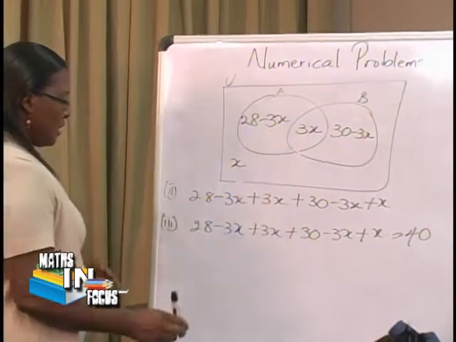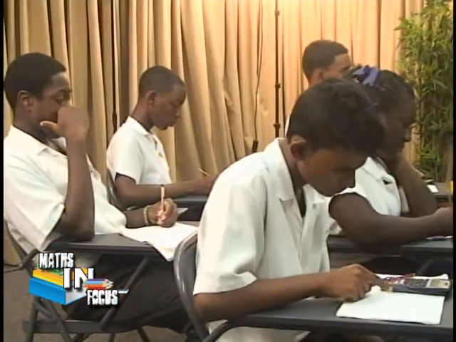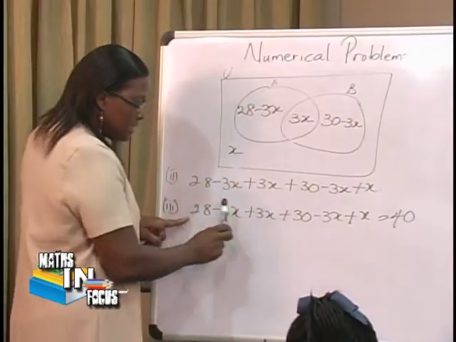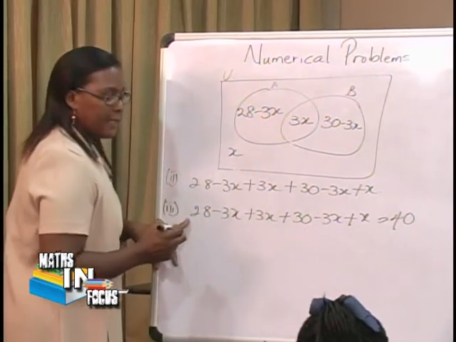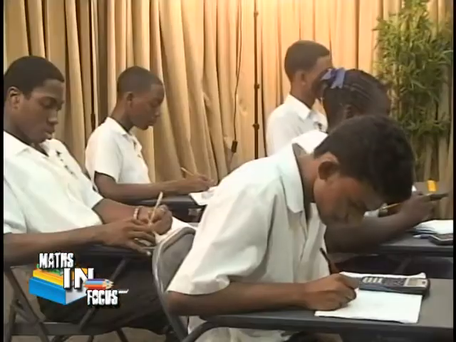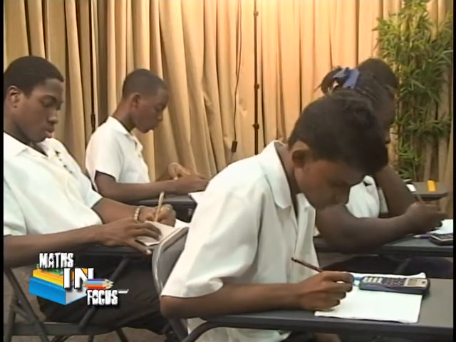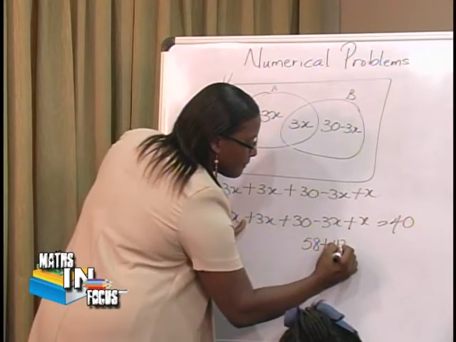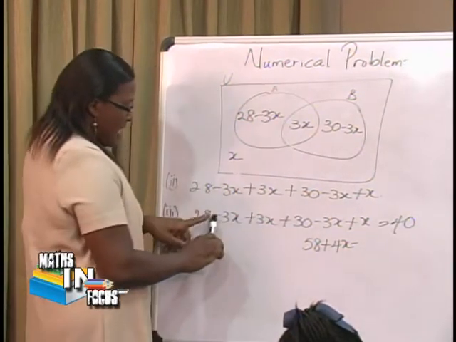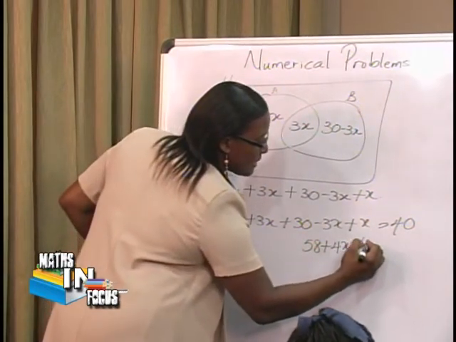Good. So when we added our 28 and our 30, which are our like terms, they're whole numbers or constants, when we added 28 to 30, what did we get? 58. So we have here a 3x, and an x would give us a 4x. And then we have a negative 3x and a negative 3x, and that would give us a negative 6x.